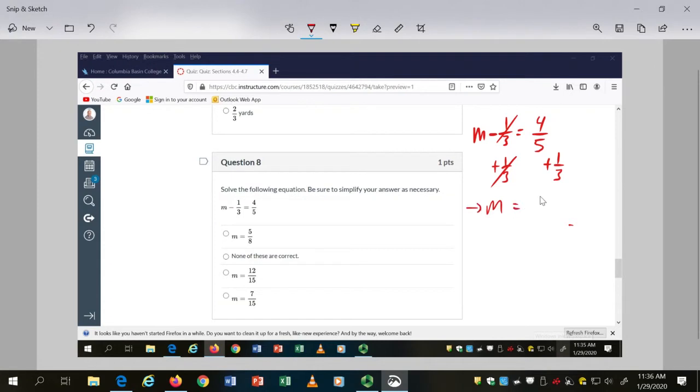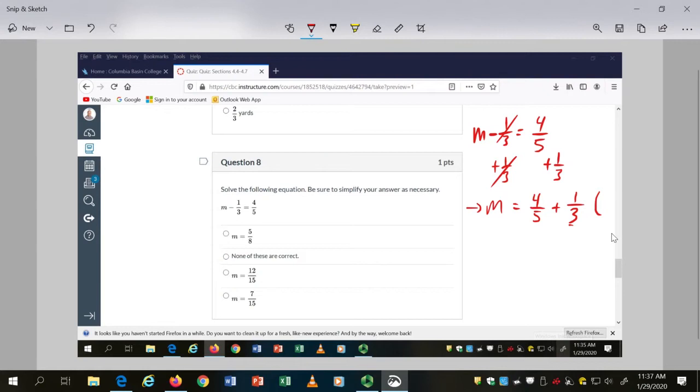And then on the right-hand side, now we have to figure out, well, if I add these fractions together, what do you get, right? Well, can we add these fractions together the way they are? We can't add them together right now because, why? Yeah, they don't have a common denominator. So we need to bring that 5 and that 3 up to a common denominator.